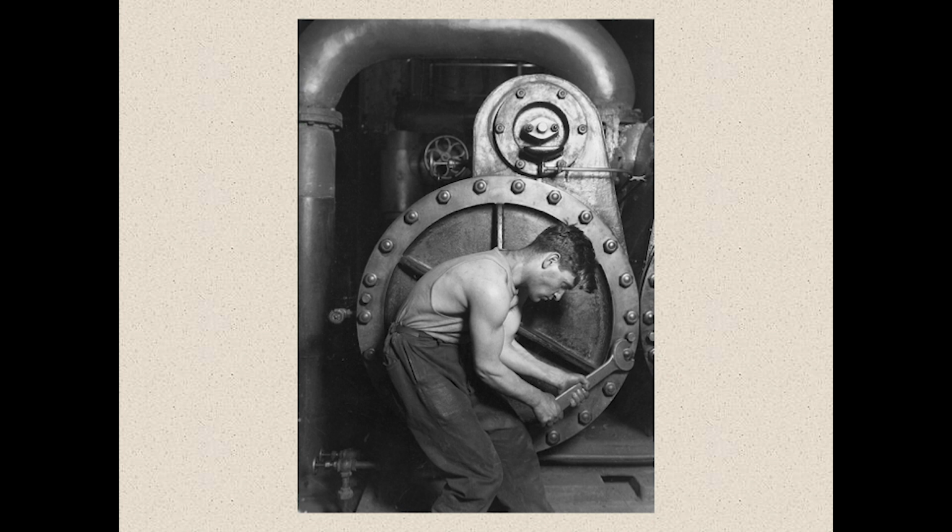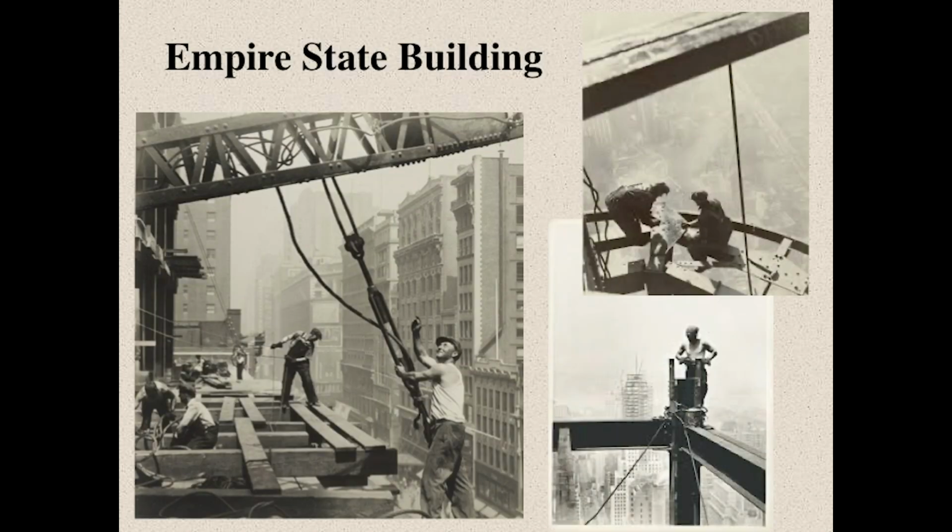The other commission that Hine received was the Empire State Building, and he received the commission from labor unions and industry to photograph the construction of the Empire State Building. So he went up in these elevators, and we see strong graphic forms, and it's beautifully modern in a way because it's steel beams and quite exciting.